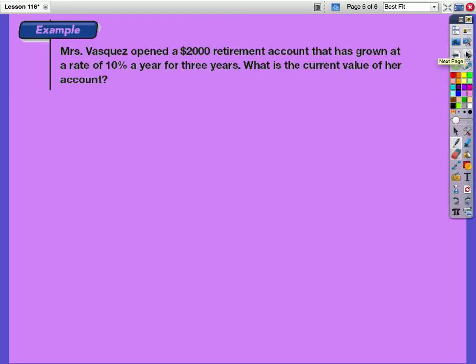So the example, so Mrs. Vasquez opened a $2,000 retirement account that has grown at a rate of 10% a year for 3 years. What is the current value of her account? Okay, so we're going to do compound interest. If it doesn't say do compound interest, we're going to do compound interest for 3 years. So we have 2,000 times 10%, which is 1/10 or 10/100.